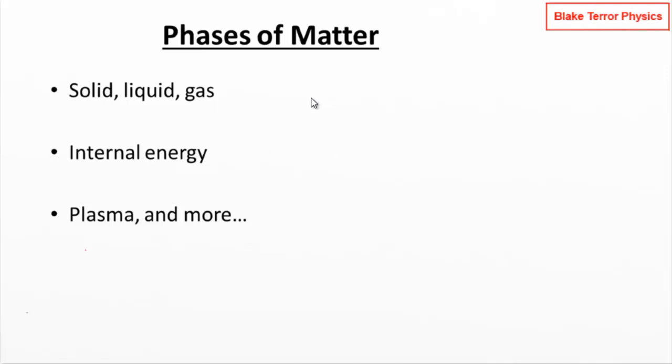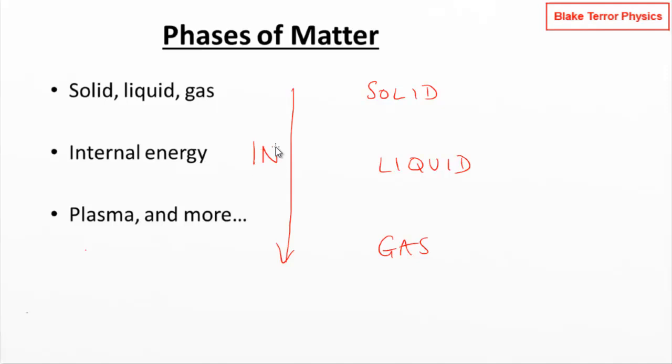So we've got some kind of hierarchy here where we're moving from our solid to our liquid to our gas, and this is a case of energy in, and then going back is energy out. So at least we've got a framework to start building around, and this is what we will do now.